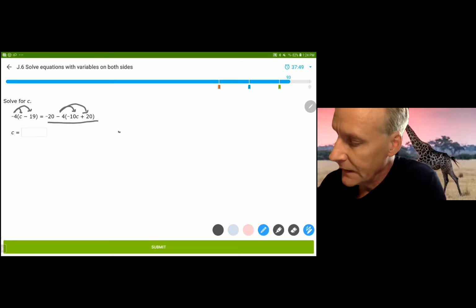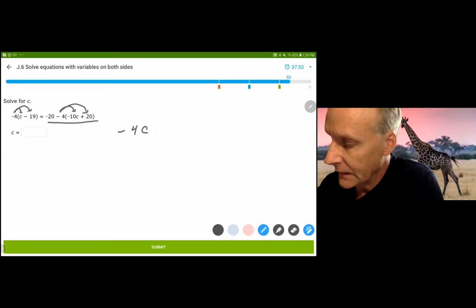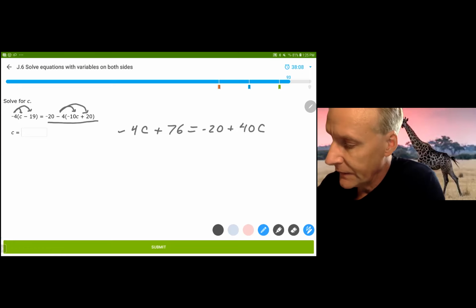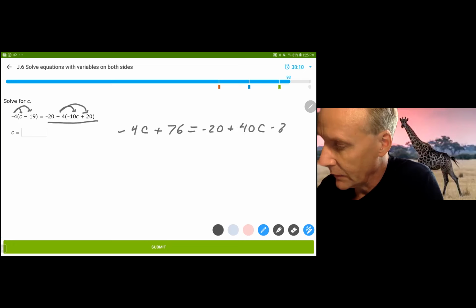That is negative 4c. Negative 4 times 19 is positive, looks like 76, equals negative 20. That's a plus 40c. And finally, a negative 80, or a minus 80, or plus a negative 80.